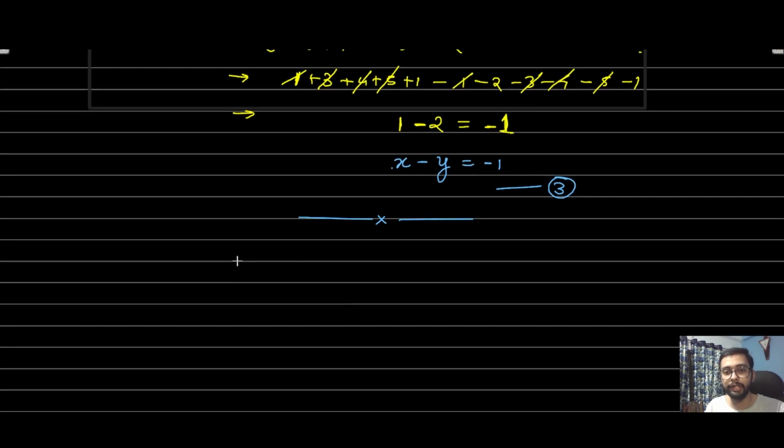Now in the next step, we'll take the sum of the squares of n natural numbers, that is 1 square plus 2 square plus 3 square plus dot dot dot up till n square, that will be n into n plus 1 into 2n plus 1 divided by 6.